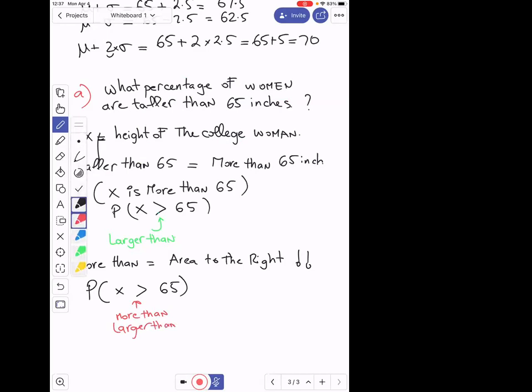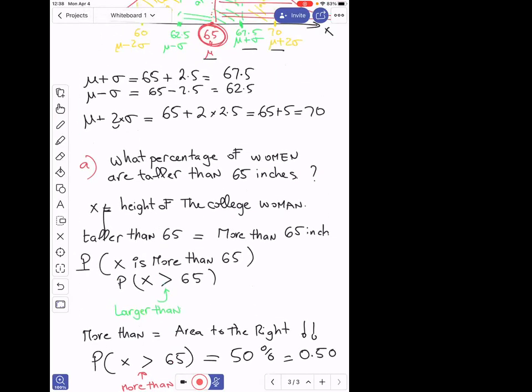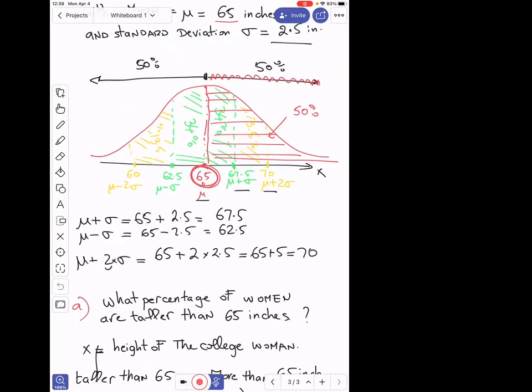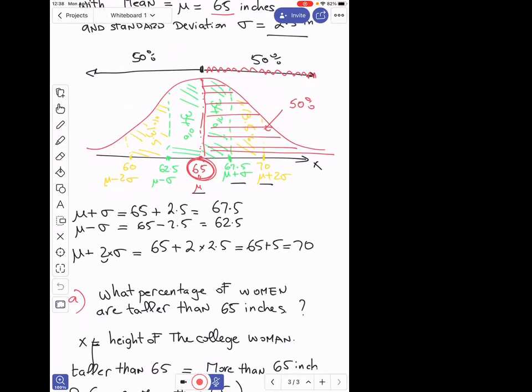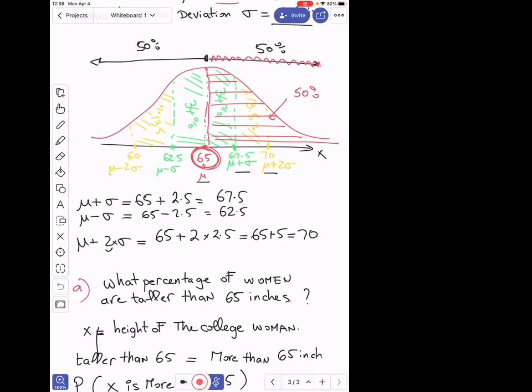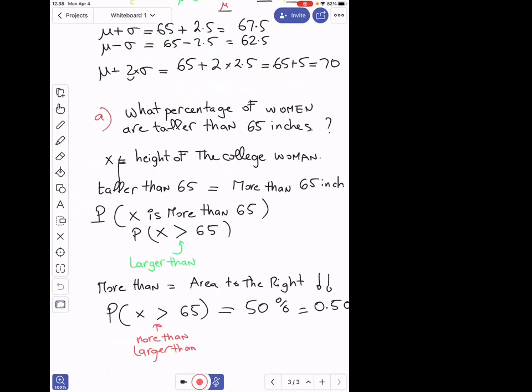The answer is 50%, which is 0.50 if you divide by 100. So the area to the right of 65 is 0.50 or 50%. And that's because it's the area to the right of the mean. It's always 50%. Now, let me change the question here.